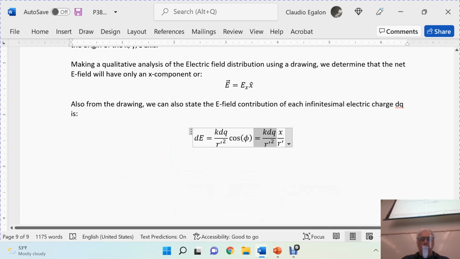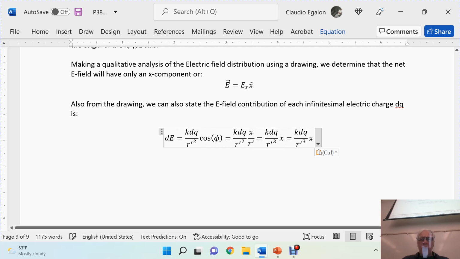I can go ahead and simplify the thing, making r prime cubed. My r prime can be written down in terms of the known parameters. My r prime is going to be what? It's going to be that square root that you're already aware.